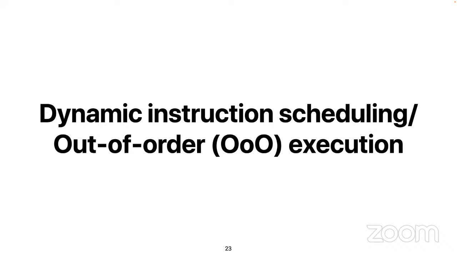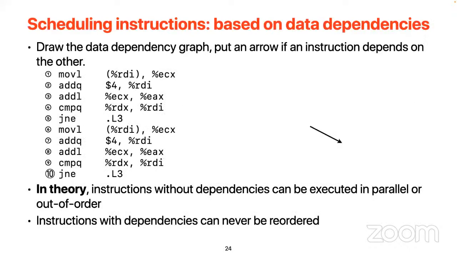We make the processor capable of dynamic instruction scheduling regardless of the compiled order of your binary. This is called out of order execution with dynamic instruction scheduling. So today we are going to look at how we achieve that.